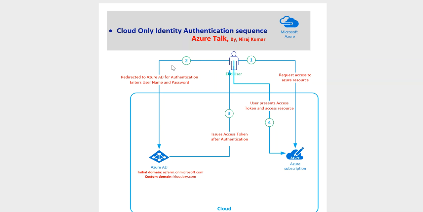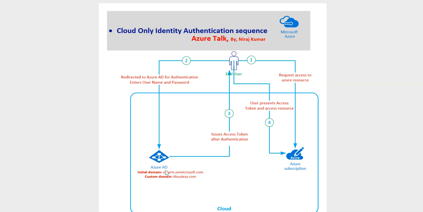You get redirected to the Azure AD authentication portal for login. Once you come to the portal, you type in your username and password, and Azure AD looks up your user ID and password because it's only a cloud-only identity. You don't have any identity back to on-prem.